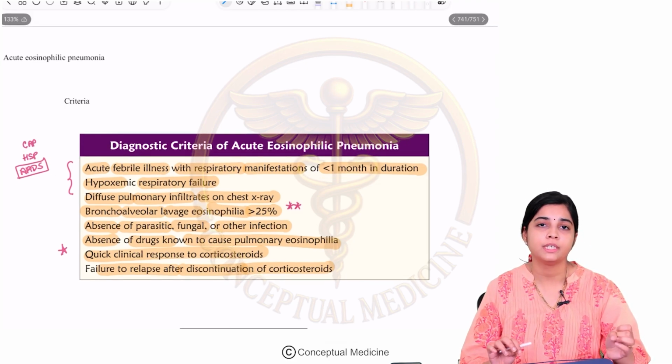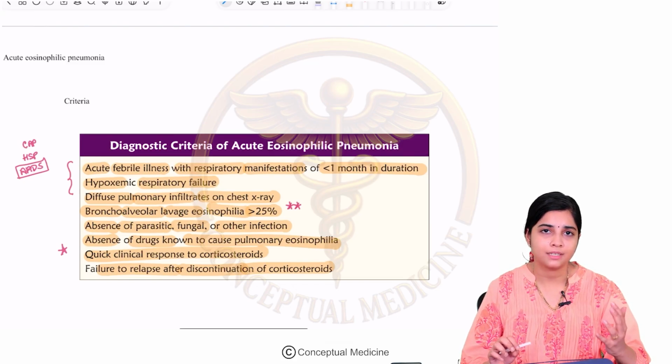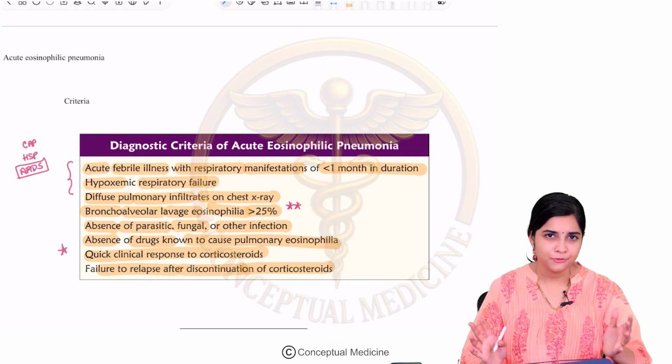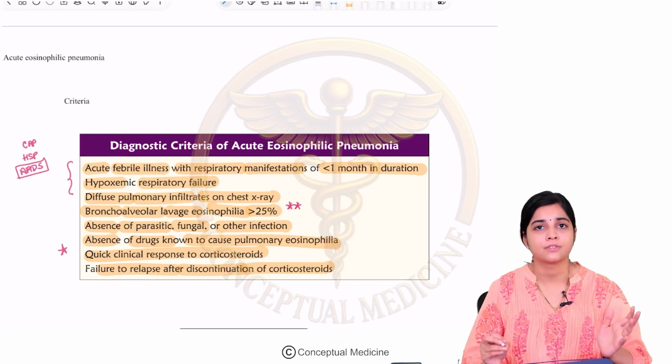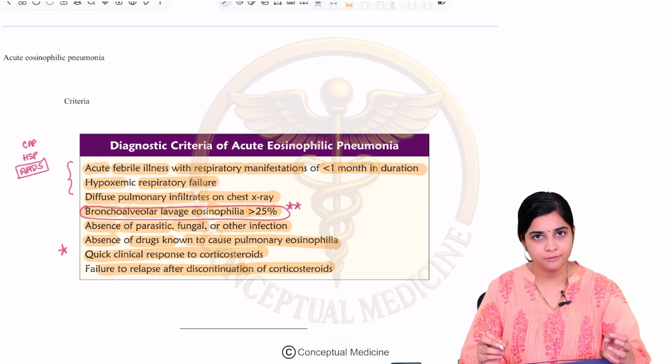So acute eosinophilic pneumonia is an eosinophilic lung disorder which is characterized by a rapid onset of symptoms and progression within 1 month, and hypoxemic respiratory failure, diffuse pulmonary infiltrates, and it is a diagnosis of exclusion. And the most important feature that you have to remember is BAL eosinophilia more than 25%.